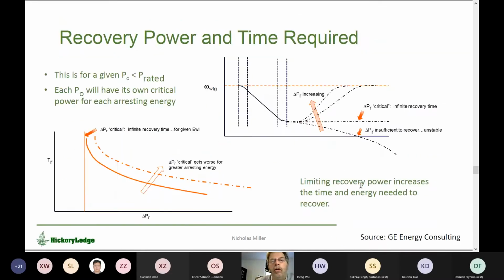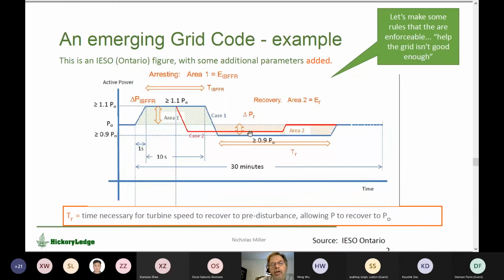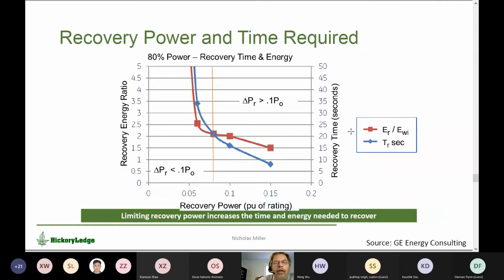So the more aggressively you allow the recovery backlash, the faster it recovers. If you say, I'm not going to let you go way down, then by definition of the physics, you are stretching out the recovery.